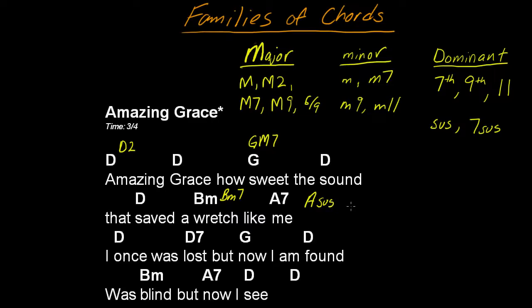And you can resolve that if you want to, or you can just keep it suspended. But by doing this, you can go through a simple chord chart with just majors and minors or dominants, and really add color notes to make it sound sweeter.